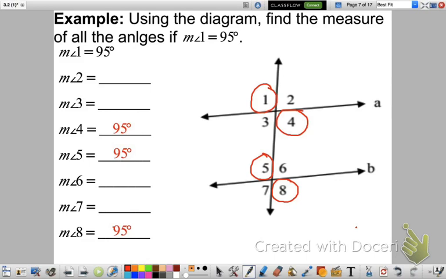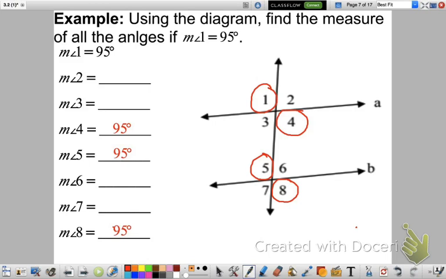So that would also make them congruent. Lastly, angle 8 is vertical to angle 5, corresponding to angle 4, and alternate exterior to angle 1. So, angles 1, 4, 5, and 8 are all going to equal 95 degrees.